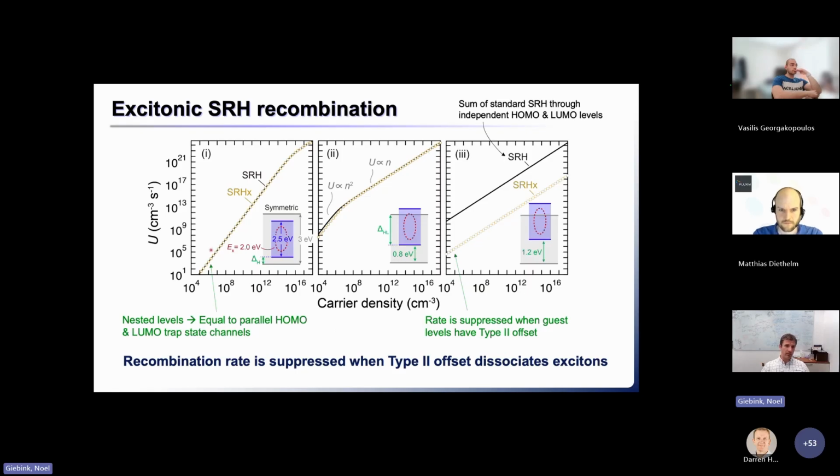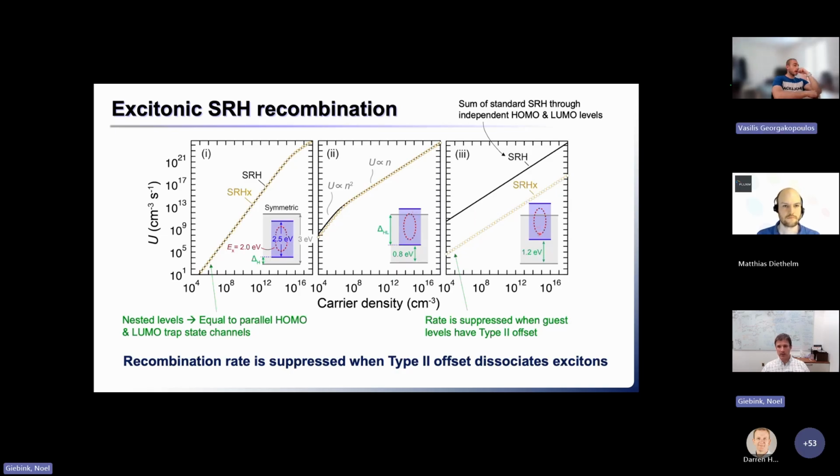You can see that here. So what I'm showing is the normal Shockley-Read-Hall recombination rate of the HOMO and LUMO in parallel. That's the black line. And then when you include the exciton physics in this, that's these orange circles here. And you can see they're exactly the same for the case of a nested system, but they start to differ as soon as you start to offset and stagger your guest and host energy levels.